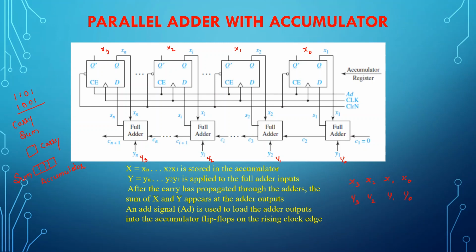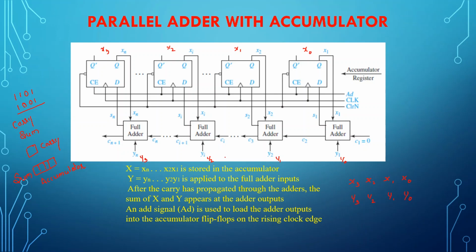So how do you go on with this addition? First of all, the number y3, y2, y1 and y0, that is the second number, is applied as input to the full adder blocks. If you are asking what these full adder blocks are, they are the digital circuits which can carry out the addition.